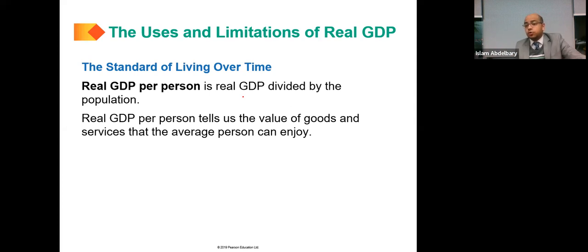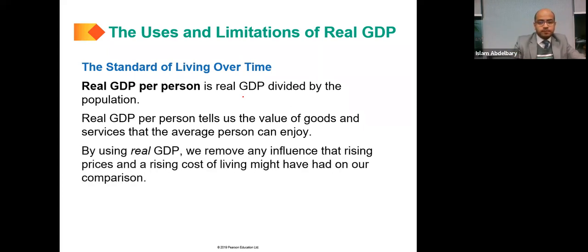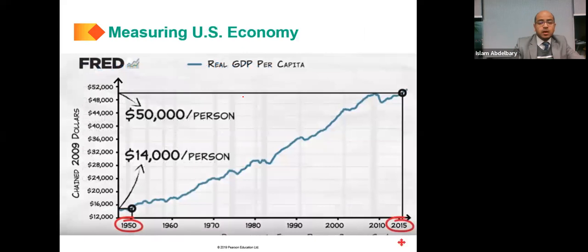So I should look for the GDP per capita in my economy. This is the share, theoretically at least, which I can use or enjoy from goods and services. Okay. So returning to the same example, the US economy. First we used the nominal GDP. Second, we used the real GDP.